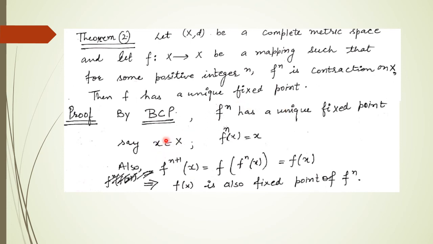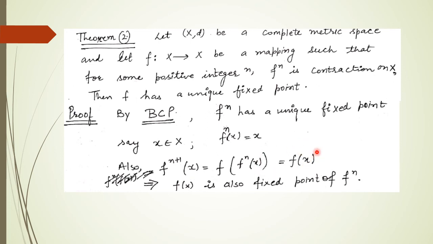Say this value is x. Also, Fⁿ⁺¹(x) will be what? You can take one F to be outside. So this is F(Fⁿx). Now what is the value of Fⁿx? This is nothing but x. So you get the (n+1)th iterate is the same as F(x).